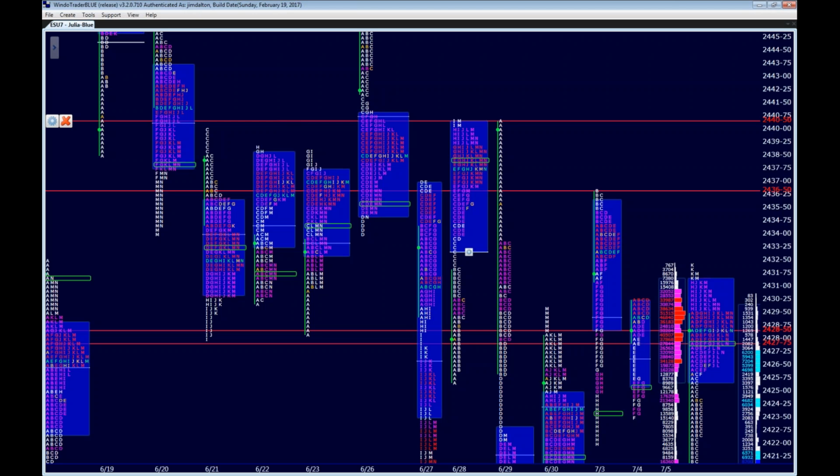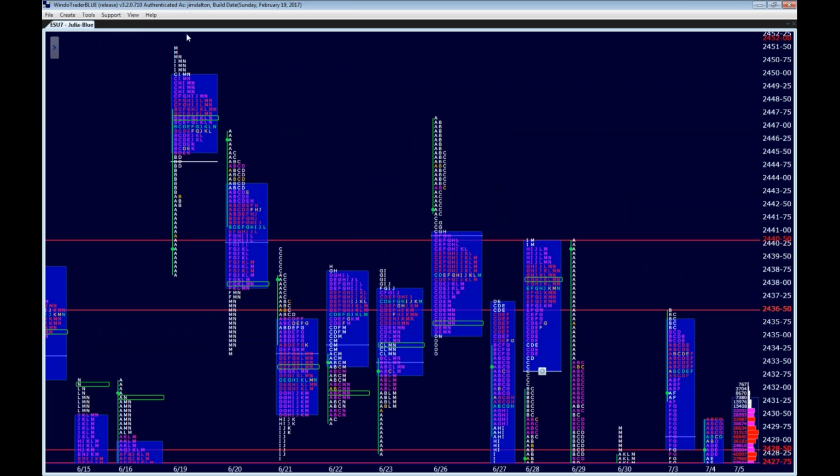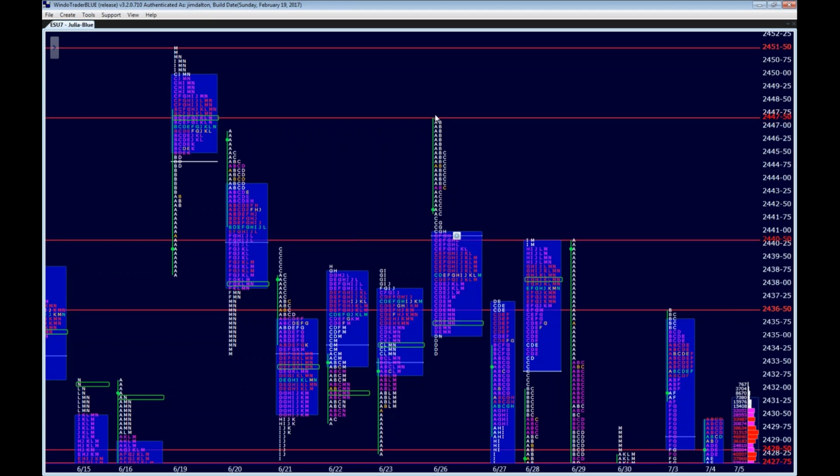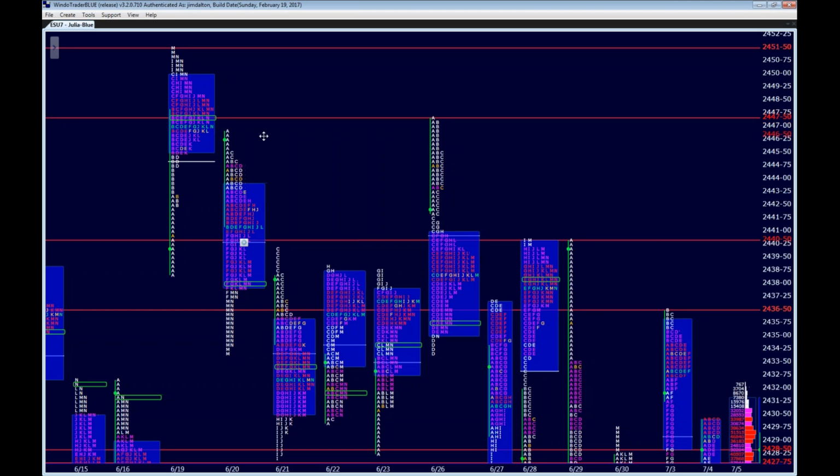And then if you take a look at the all-time highs up here, you'll see on 6/26 that we also have a poor high, and at the all-time high we have only 2 ticks of excess.